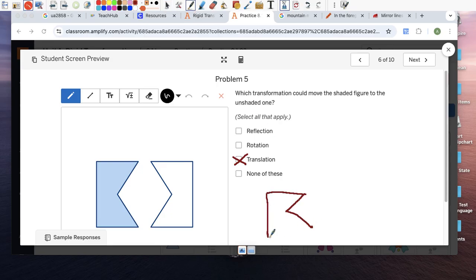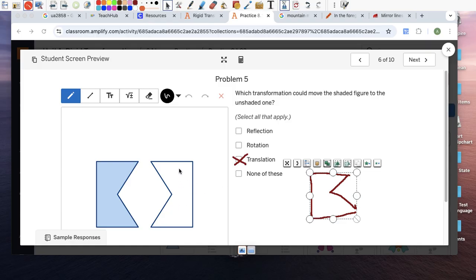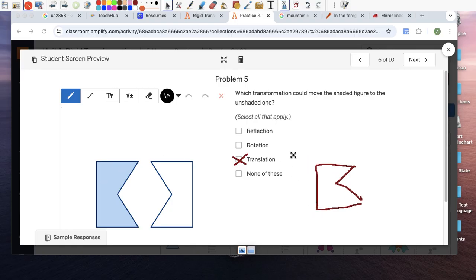There's no way of sliding this guy left and right or up and down, and all of a sudden, think of Pac-Man. Pac-Man is facing the other way, right? His mouth is facing the other way, so it's not a slide. It's a rotation. Well, let's rotate this guy. Could it be a rotation?